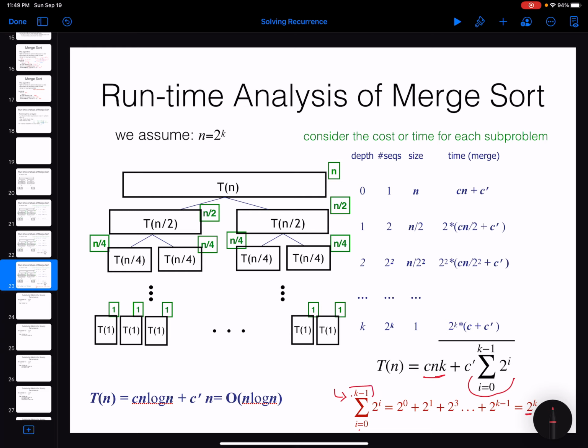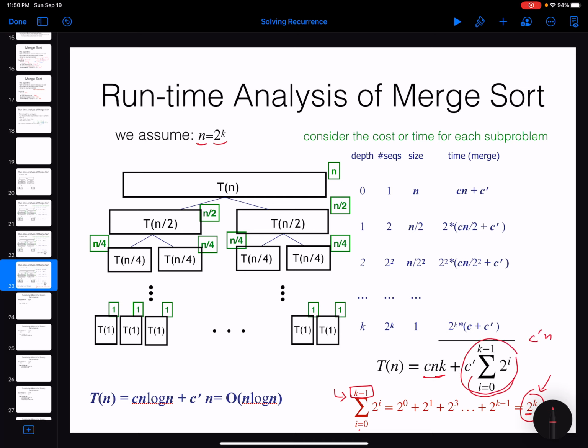If the upper bound of this summation is k minus 1, the summation of all the powers is going to be equal to 2 to the power of k. What is 2 to the power of k? It's going to be equal to n. So this term will be equal to c prime n.